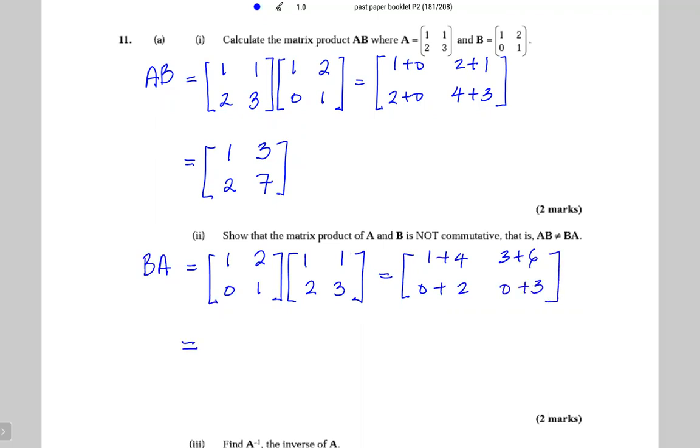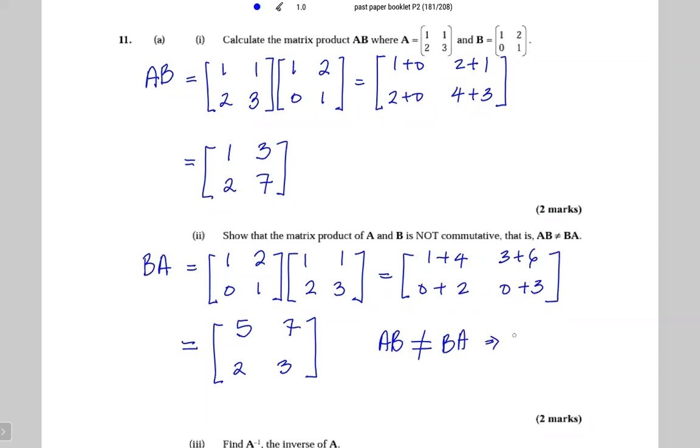So BA would be equal to 5, 7, 2, 3. And of course, by observation, looking at BA and looking at AB, it is clear that AB is not equal to BA.